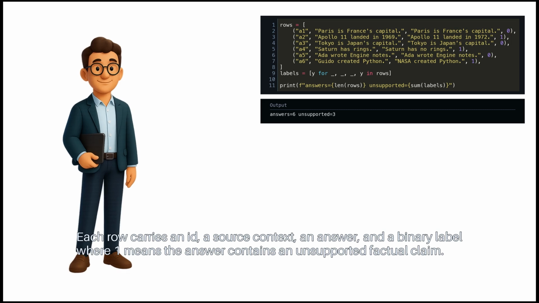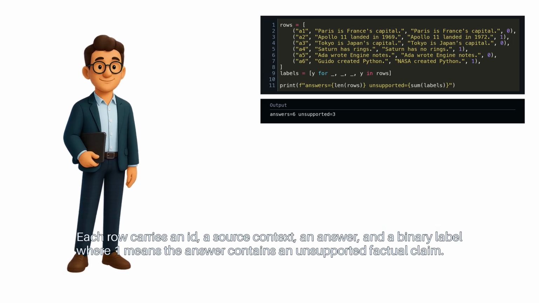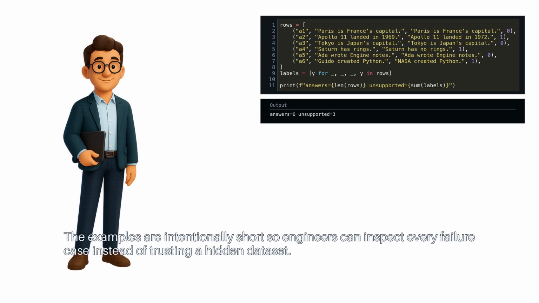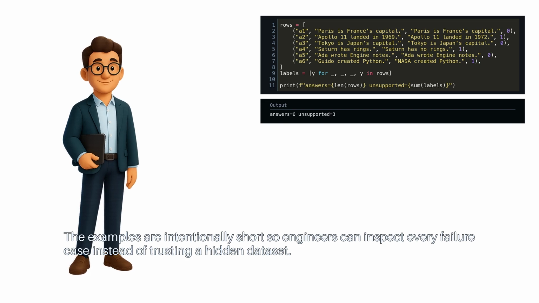Each row carries an ID, a source context, an answer, and a binary label, where 1 means the answer contains an unsupported factual claim. The examples are intentionally short, so engineers can inspect every failure case instead of trusting a hidden dataset.